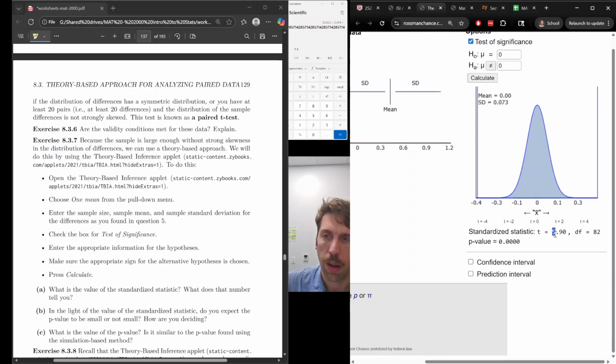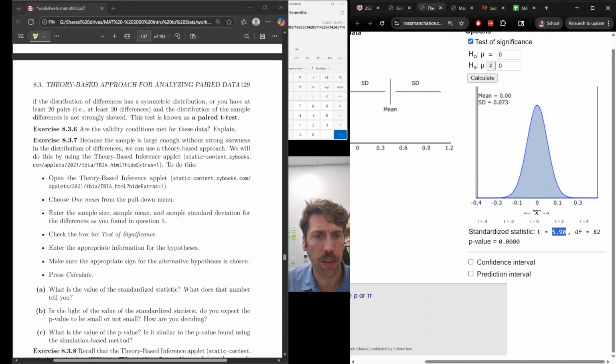So mine is that. Tell me yours for your answer. What does this number tell you? The standardized statistic, the t here, is telling us how many standard deviations our sample is away from the 0, assuming the null hypothesis.